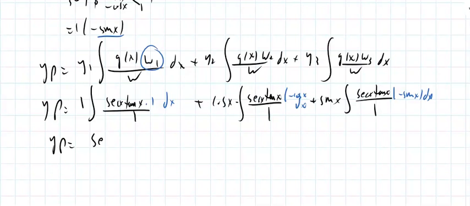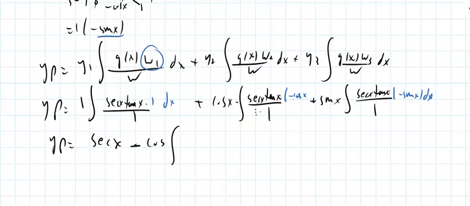So that is the secant of x. Here, that's a negative cosine. This is 1 over sine, 1 over sine, so 1 over sine times cosine.